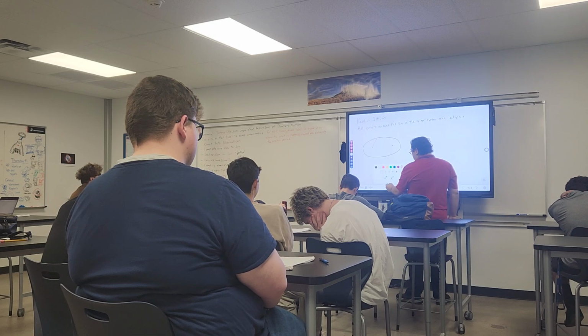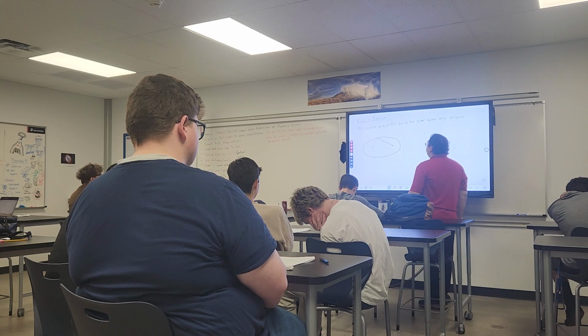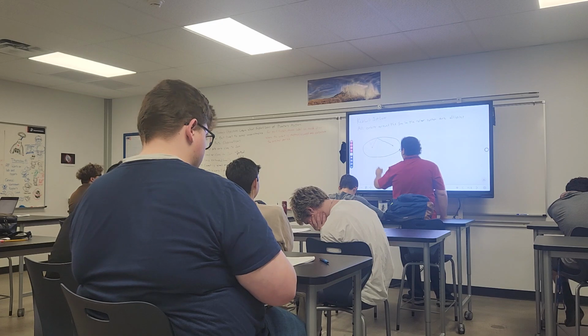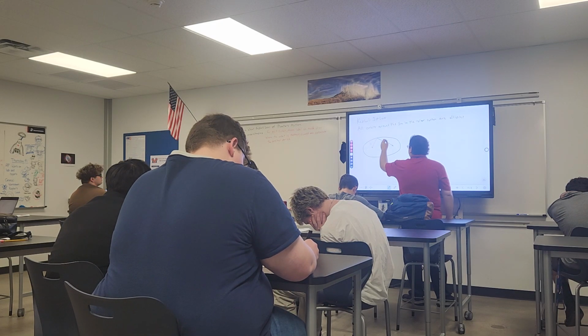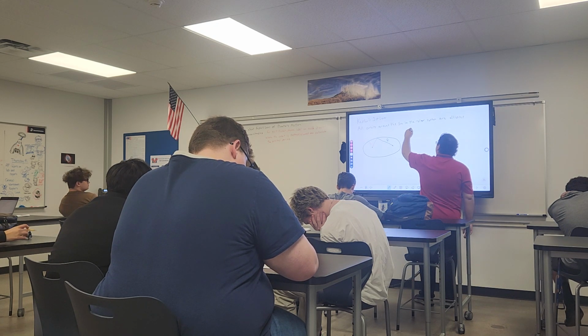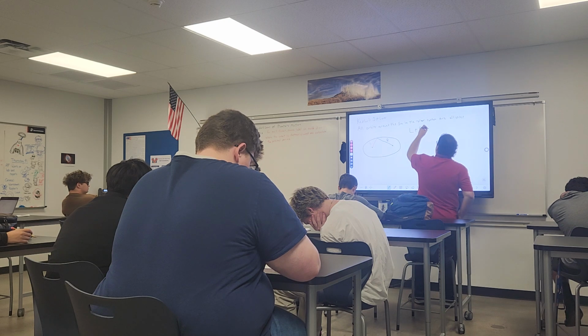If I draw another line from the other focus point to that same place, and I label this one left and this one right, then I can say that the sum of L and R, in other words, I add these two lengths together, they'll always add to the same constant number.